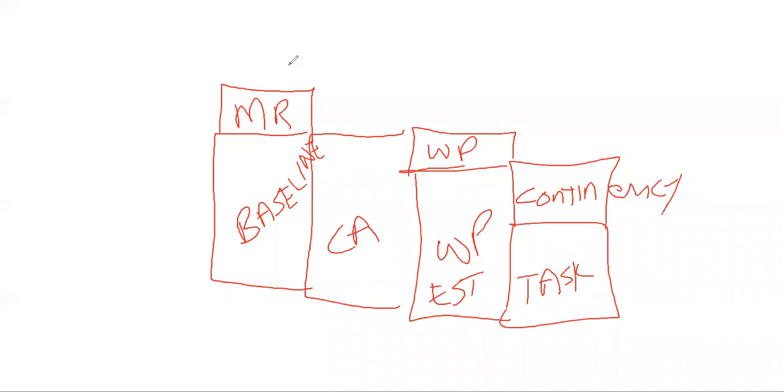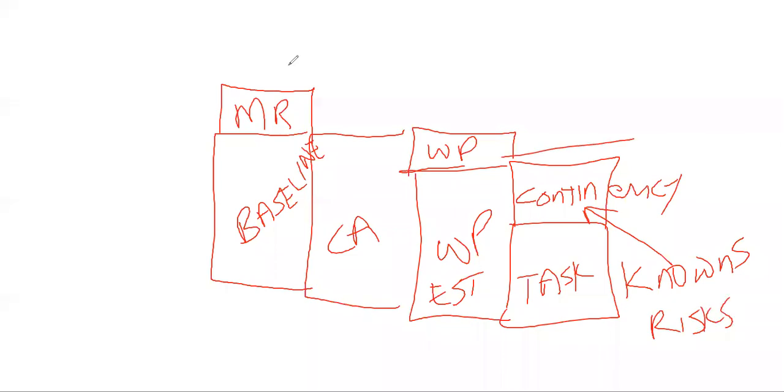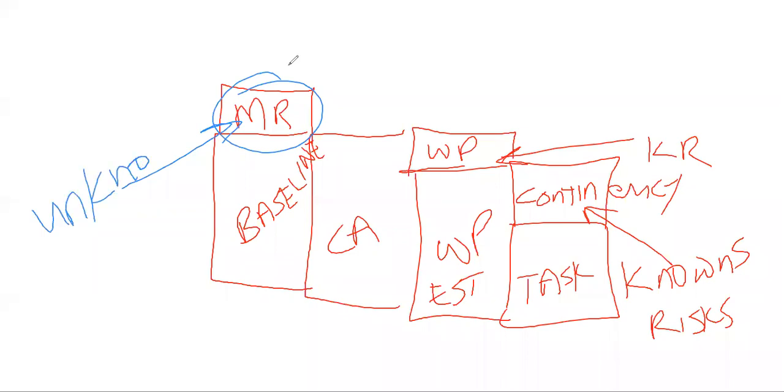The contingencies at this level here, these are used for knowns, right? And by that, I mean known risks, things we have identified. But this right here is for unknowns, okay? You cannot use the management reserve except with permission.